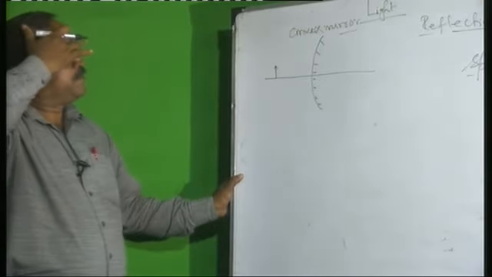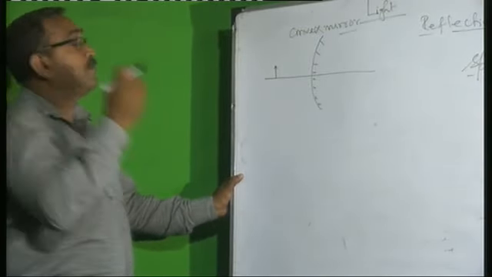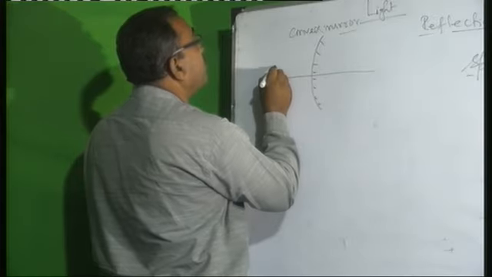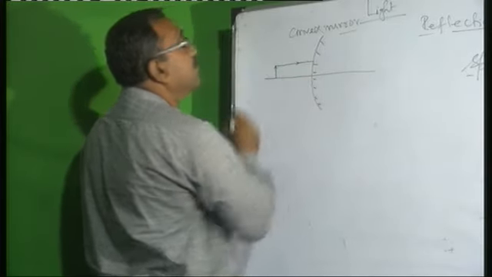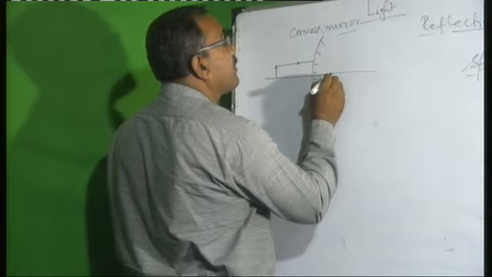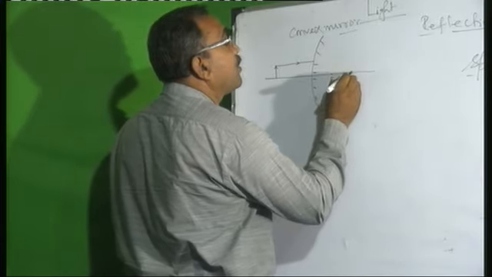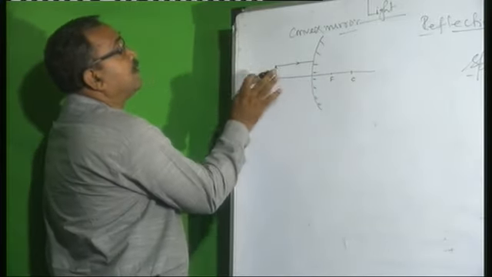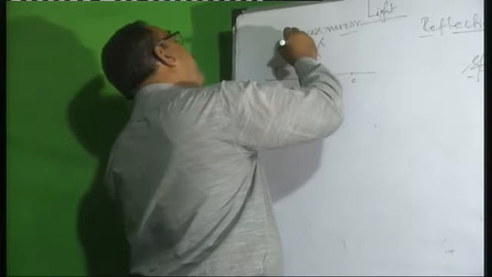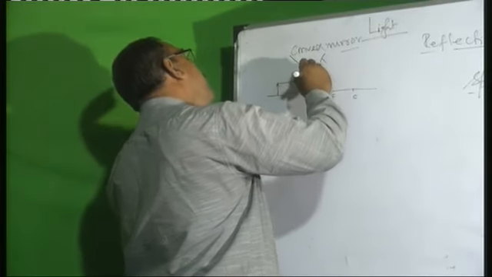Convex mirror. So image will form where? You know it from your previous class, from your conceptual diagram. The parallel ray must appear from the focus.